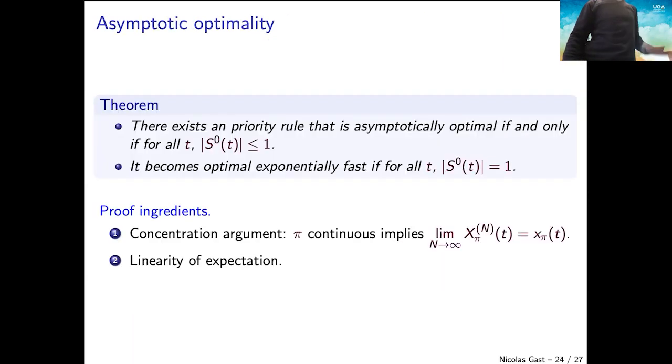But still, you need S0 to be smaller than 1 to have a priority policy that is asymptotically optimal. And the convergence rate is exponentially fast, and the arguments are exactly the same as before, up to the technical details.